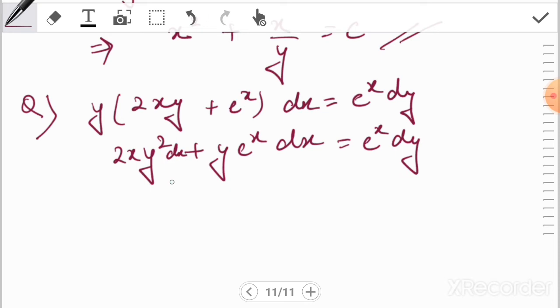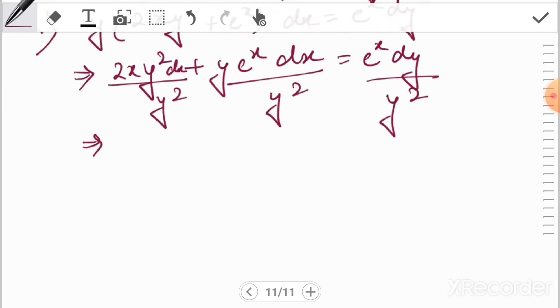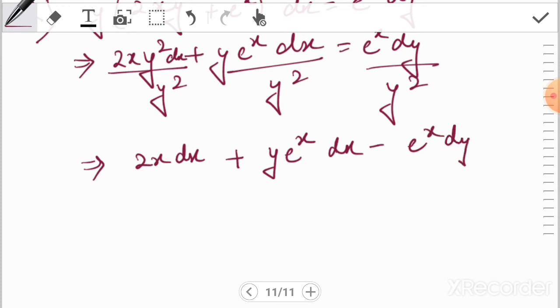So now if we again divide by y square, we will get 2x dx plus (y e^x dx minus e^x dy) by y square.